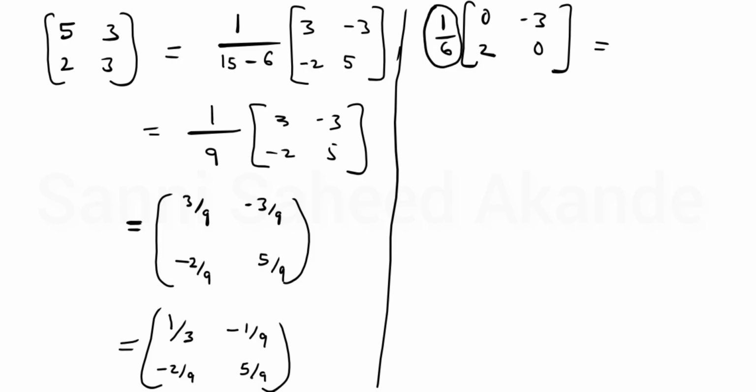So the determinant is 6 already. All you need to do is interchange these numbers. Luckily for us, we have 0, 0, so nothing to interchange. But this minus 3 will change to plus, and this plus 2 will change to minus. And that would be our answer. So we have 0, then 3, minus 2, 0.